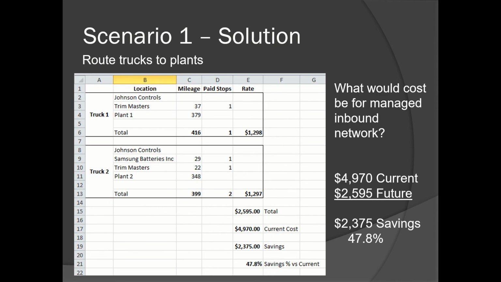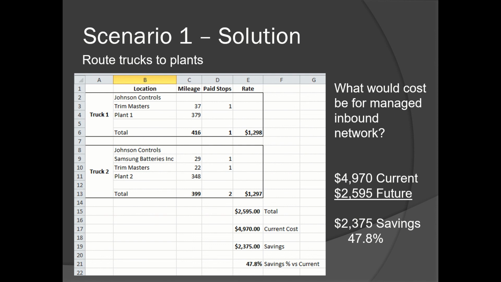So we went from Johnson Controls to Trim Masters to plant 1. We paid for 1 stop because the first and last stop are free. So we had a total of $12.98. The second truck, we had 4 stops, the 3 suppliers plus the plant. So we paid for 2 of those. And with miles and stop charges, our total was $12.97.